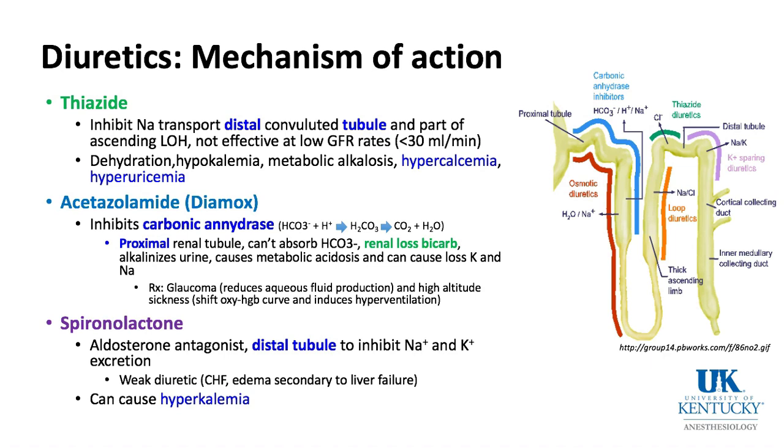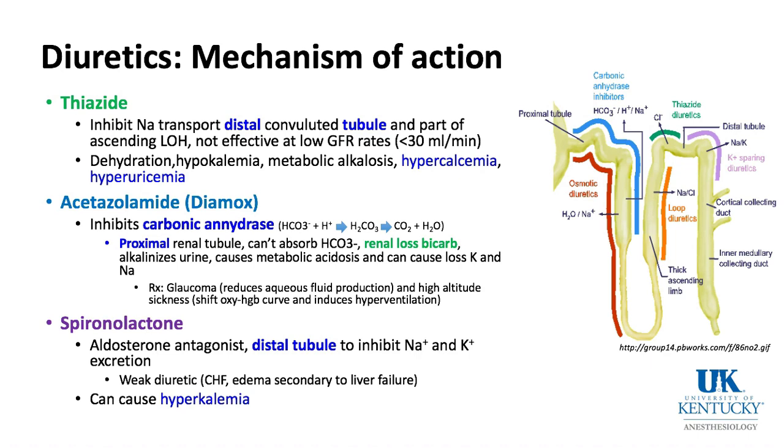Acetazolamide or Diamox is shown in the lighter blue, and you can see that its action is on the proximal renal tubule and it inhibits carbonic anhydrase. And that enzyme is needed for bicarbonate metabolism and formation.